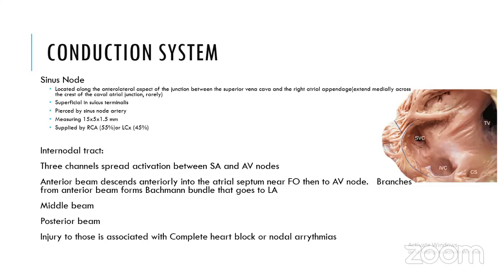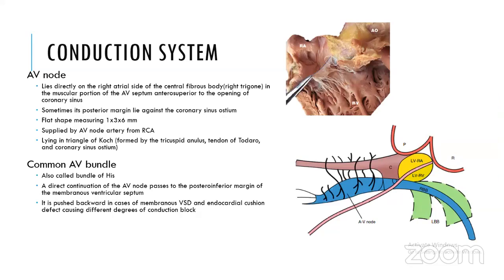Injury to those is associated with complete heart block or nodal arrhythmia. The AV node lies directly on the right atrial side of the central fibrous body, the right trigone, in the muscular portion of the AV septum, anterior superior to the opening of the coronary sinus.